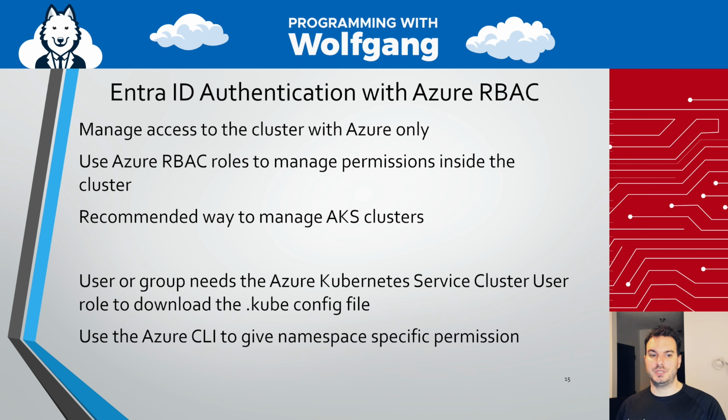And as with the second approach, the administrator of the cluster has to give the Azure Kubernetes Service cluster user role to the users or groups that want to access the cluster so they can download the kubeconfig file. And as you've seen today in the demo, you can give permissions in the Azure portal for the entire cluster. But if you want to give permissions for only namespaces, then you have to use the Azure CLI.